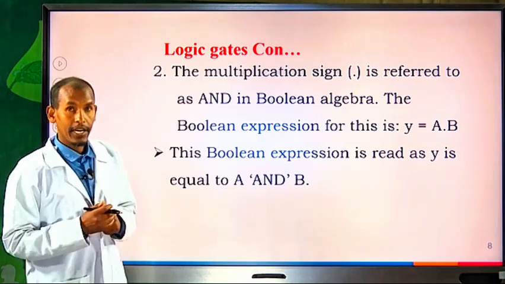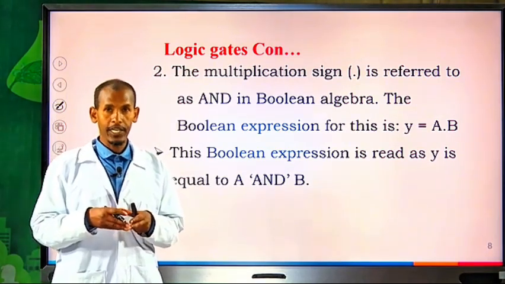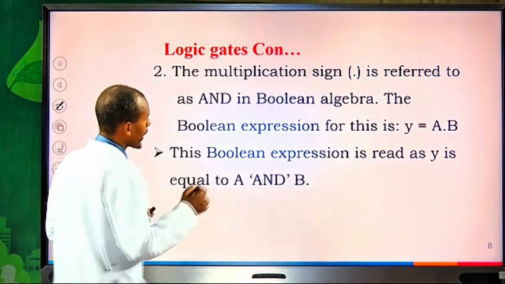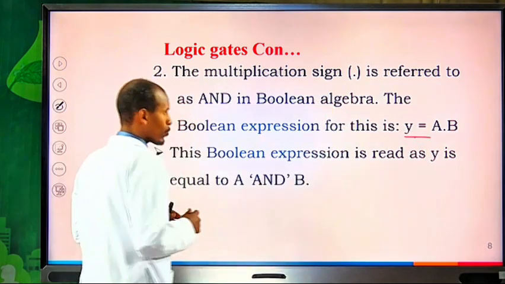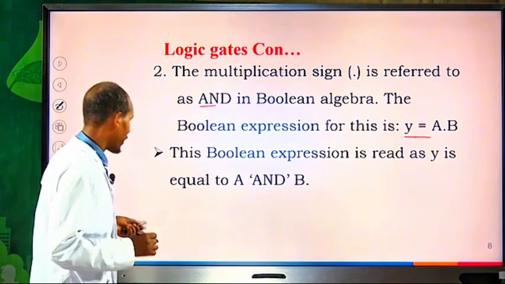The AND gate is represented by a multiplication sign, referred to as AND Boolean algebra, and this can be expressed as Y equals A dot B, which matches the AND gate.